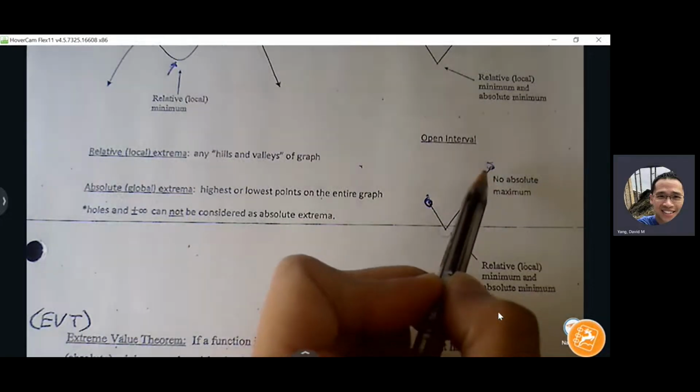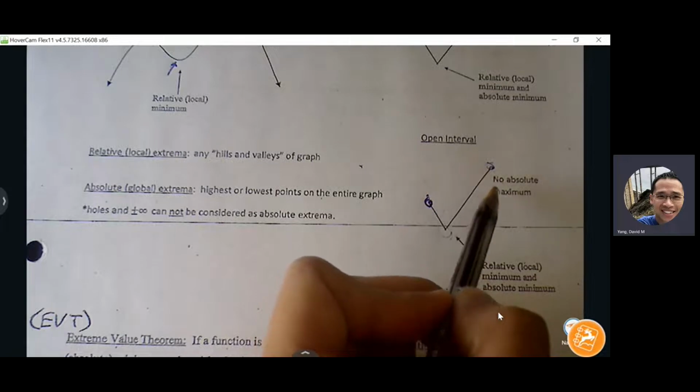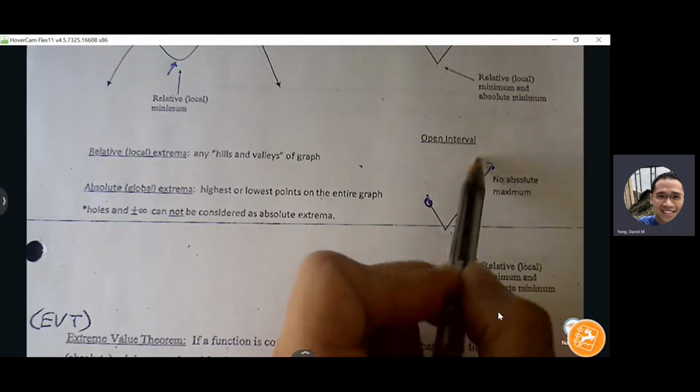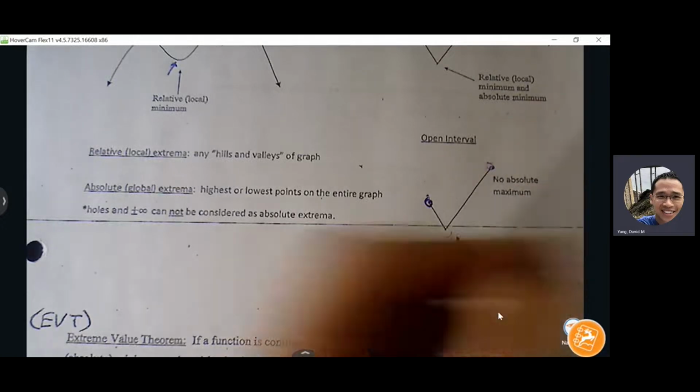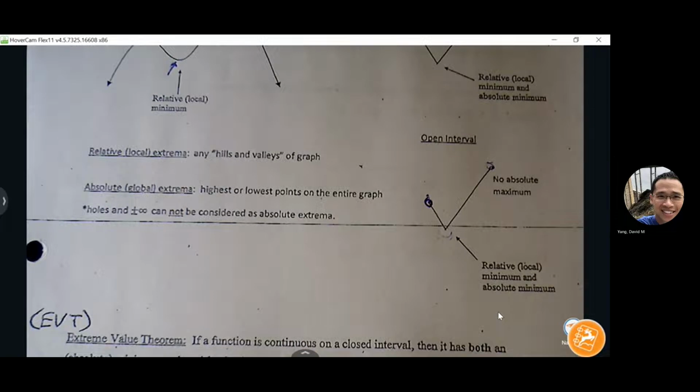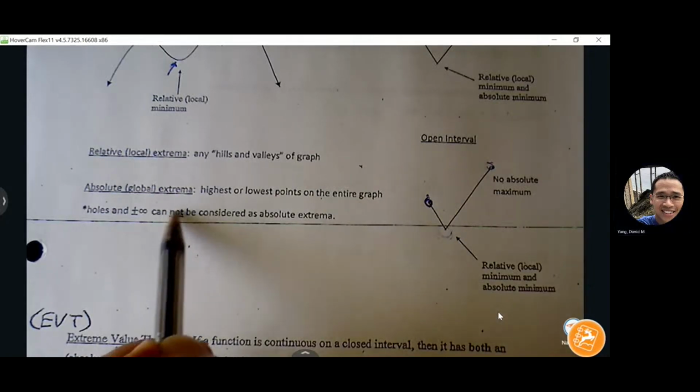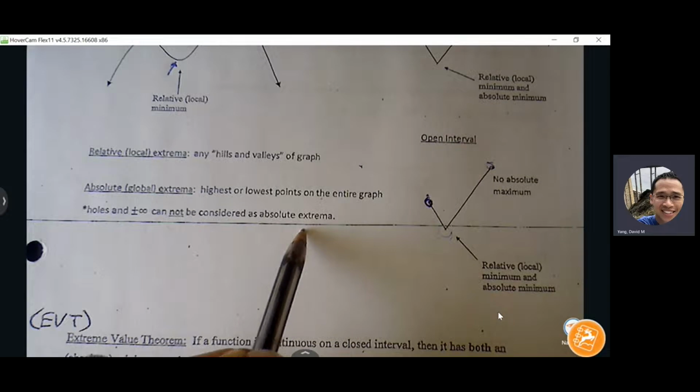So if I choose a point that's close to it, you can always choose a point even closer. So here, we consider this no absolute maximum. And again, holes and plus and minus infinity cannot be considered as absolute extremes.